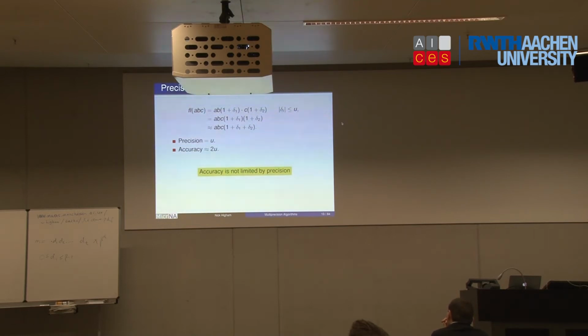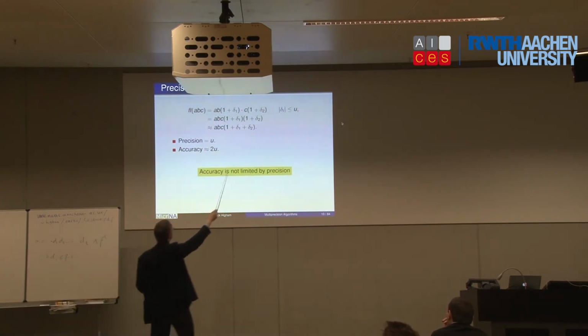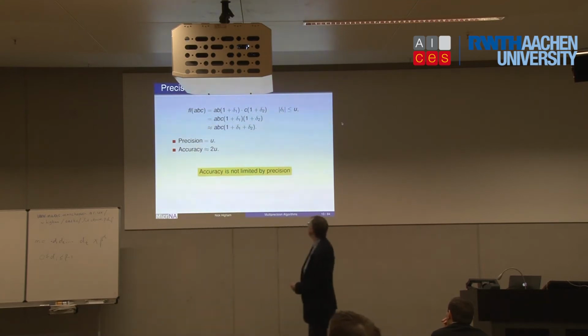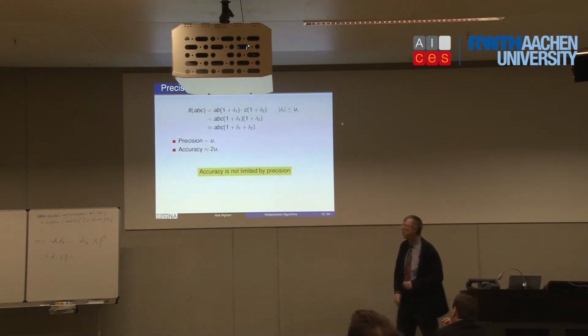Of course, I could have done b times c first, and then a, and if these were matrices, that would actually affect the cost, as Henry and Campello have been investigating in great detail in recent months. Doesn't really matter. So I end up with 1 plus delta 1, 1 plus delta 2, and if I drop the delta 1 delta 2, which is of second order, then I can say approximately delta 1 plus delta 2, which of course is bounded in modulus by 2u.